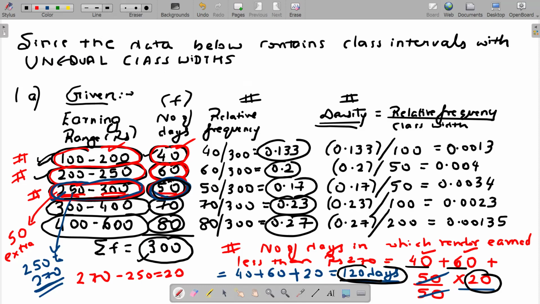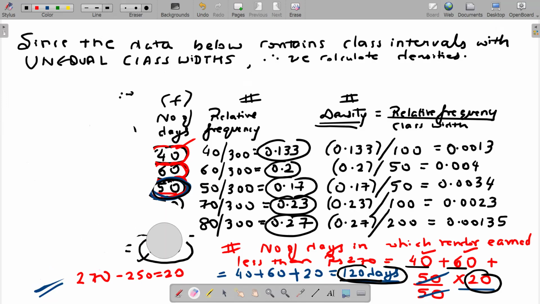Because you can see in the first case the class width was 100, then it was 50, then it was 50, then it again came back to 100, last was 200. So if we see, the class widths are unequal every time. Therefore, we calculate densities. And now when we are going to make the histogram, we are going to plot the earnings along with the densities. So I am now erasing all this off.